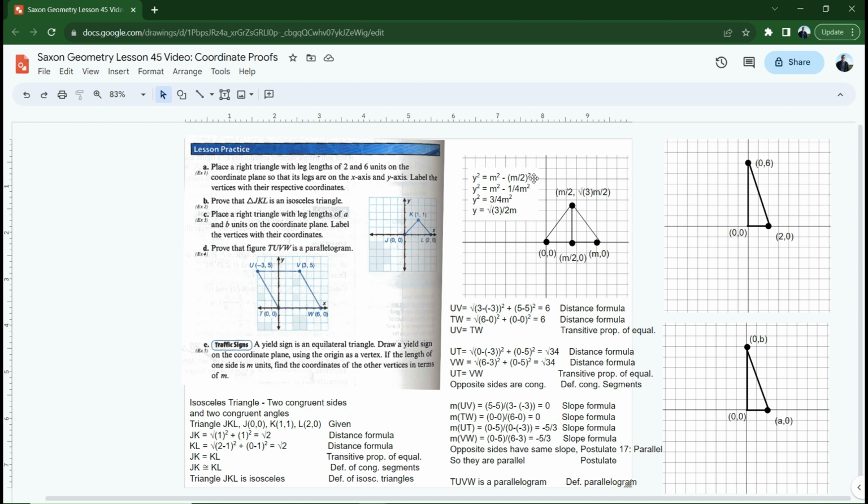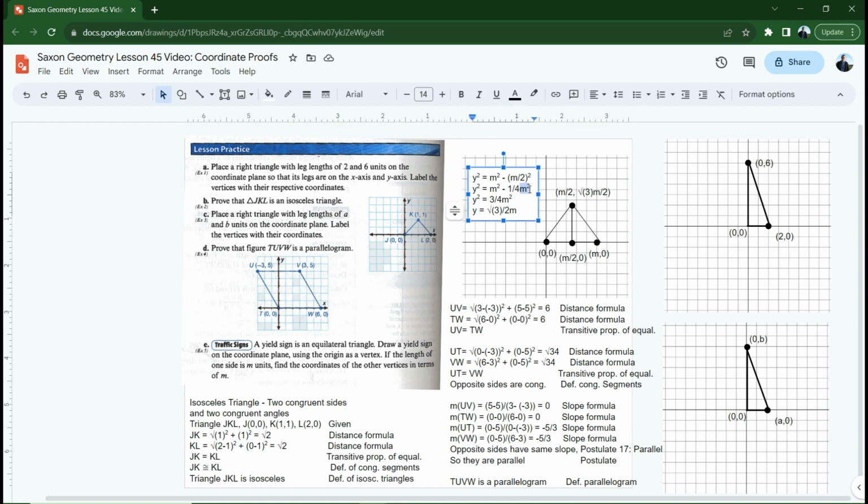All right, to simplify this, I'm going to square this entire second term. M over 2 squared becomes 1/4 m squared, or really, I'm going to make it m squared over 4. That probably is a clearer way to write because I squared this and then I squared this.